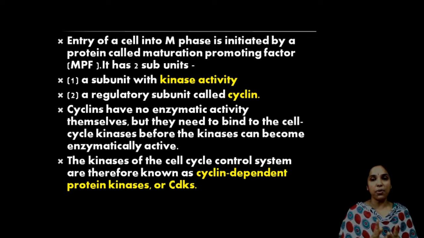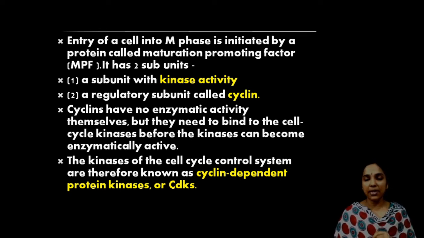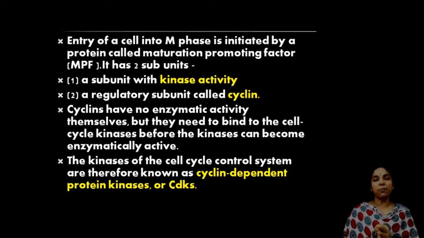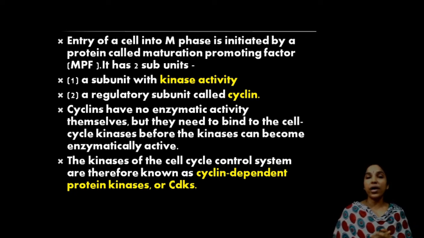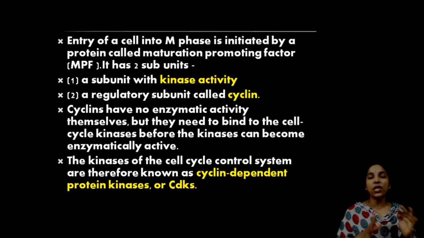Okay. So MPF is an important protein, the maturation promoting factor. It has 2 subunits: one with kinase activity and another, the cyclin. Cyclin and kinase are both very important, because cyclin has no enzymatic activity on its own. This unit will function only when they work together.